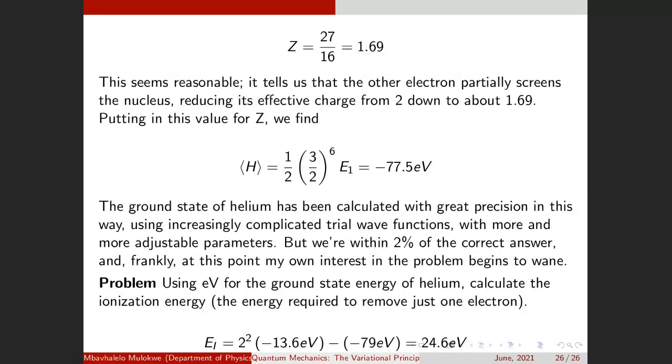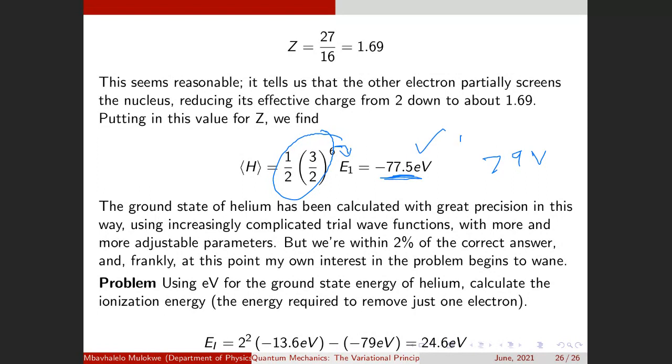And you get this, which is, once you plug in the numerical values, minus 77.5 electron volt, which is not that bad because we are looking at something like 79.